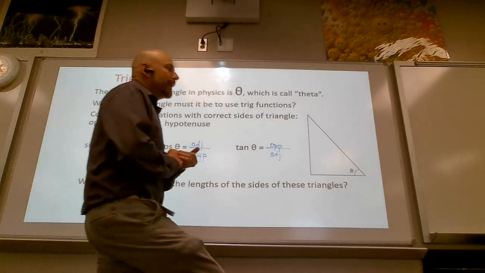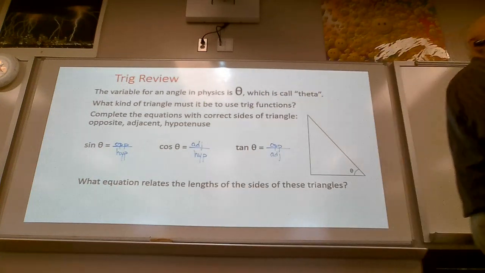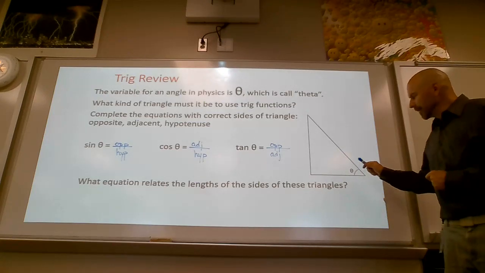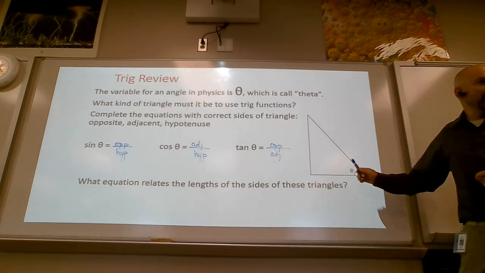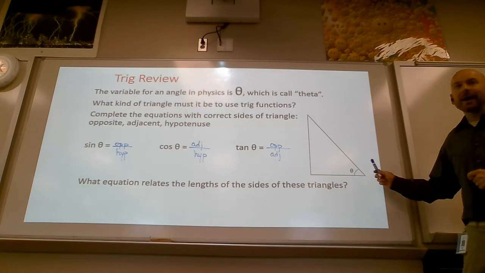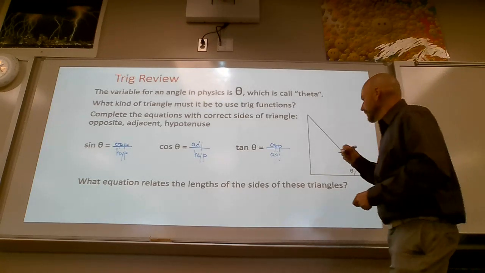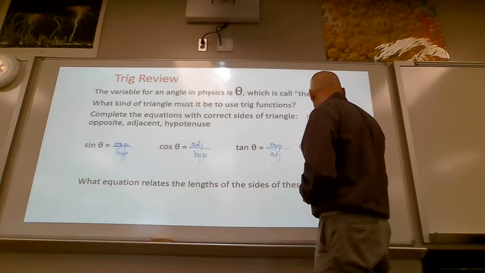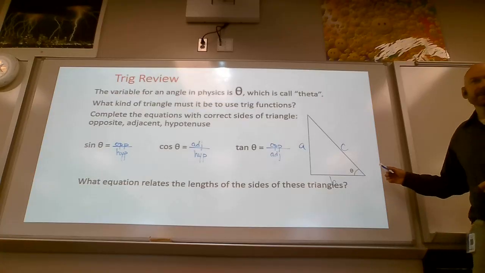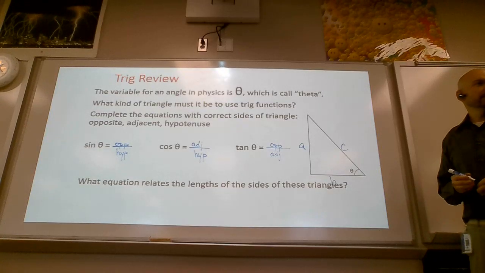Now, when we talk about opposite, adjacent, what these are referring to are the sides of the triangle relative to this angle, whatever the angle is, okay? Which of these sides are opposite of this angle?